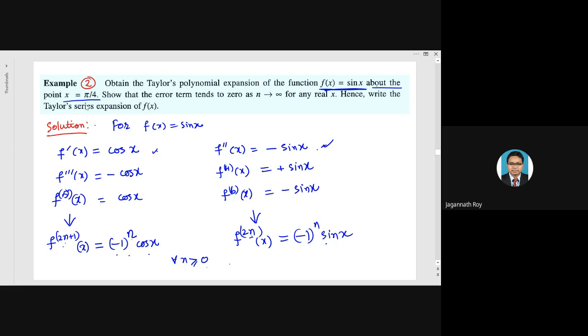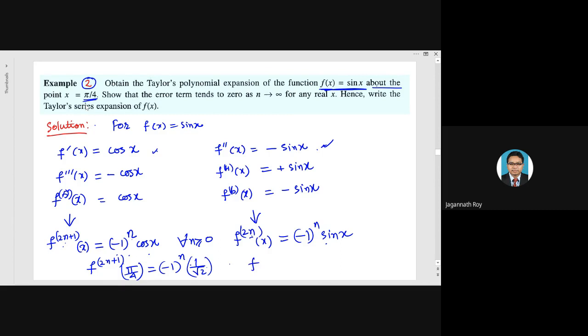Now, because we have to find it in terms of pi by 4. Okay. So f of 2n plus 1 of pi by 4 becomes minus 1 to the power n cosine pi by 4, which is nothing but 1 by root 2.